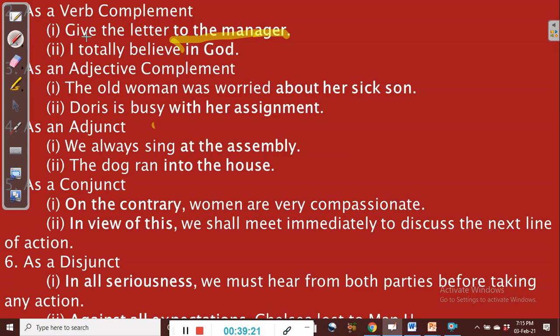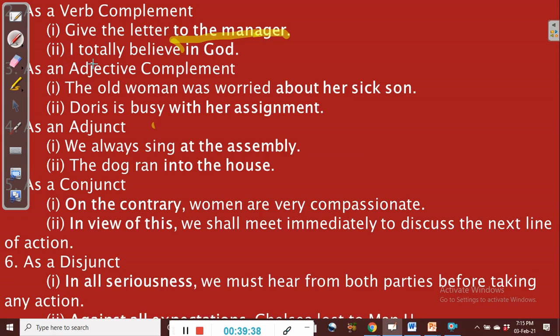Give the letter. To whom. It actually completes the meaning of give, because the action will not be complete if we simply say give the letter. The question is to whom, all right? So it's a verb complement.